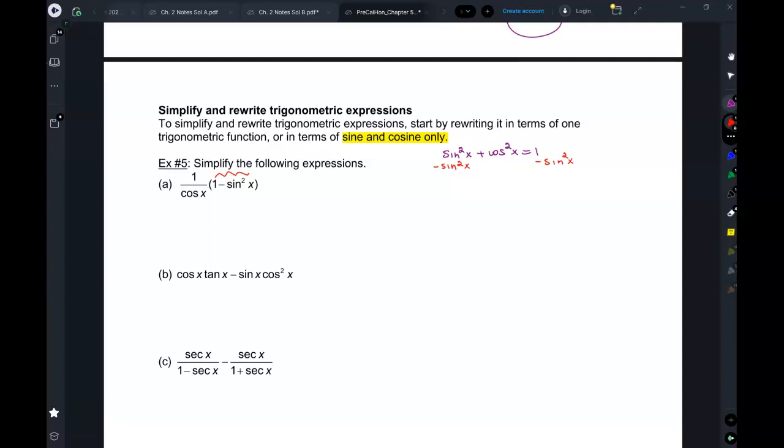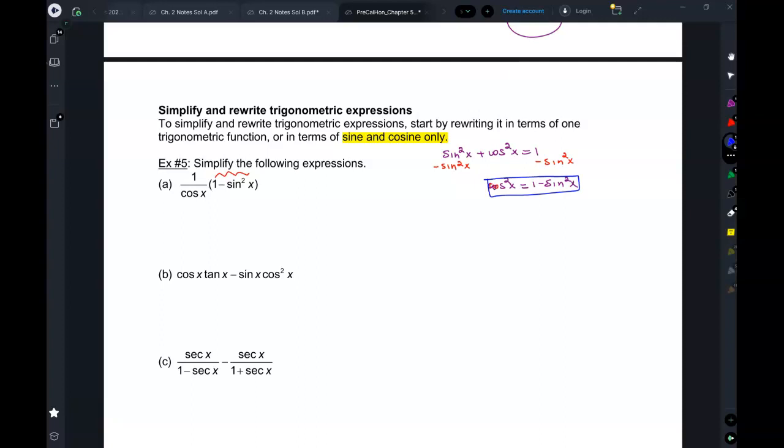So what I get is cosine squared x is equal to 1 minus sine squared x. Everybody agree with that? Okay, now look at what I have here. 1 minus sine squared x. What is that the exact same thing as? Cosine squared x. So what I do is I replace this with cosine squared x.